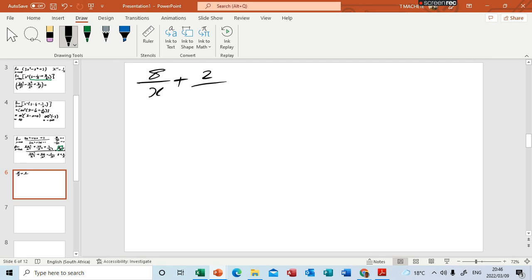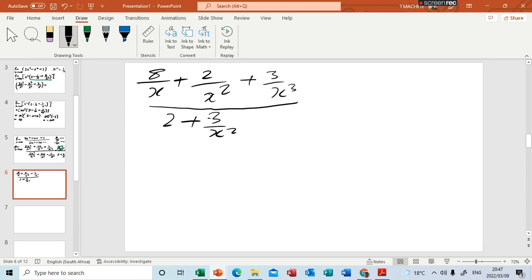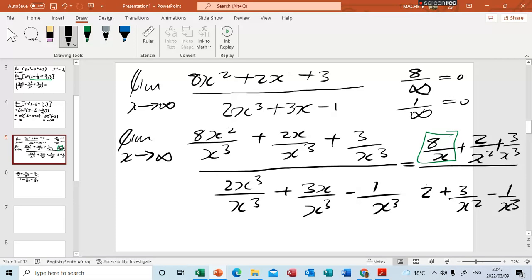Yes, 8 over x plus 2 over x squared plus 3 over x cubed, all over 2 plus 3 over x squared minus 1 over x cubed. Sorry. Okay.